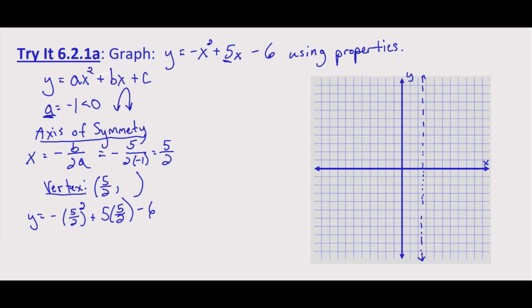And then we simplify this. -5 halves squared is going to equal -25 plus 25 halves minus 6. And if we put that all over a common denominator, we get -25 plus 50 minus 24 all over 4, which equals 1/4. So our vertex is at 5 halves, 1/4. We're right about here.